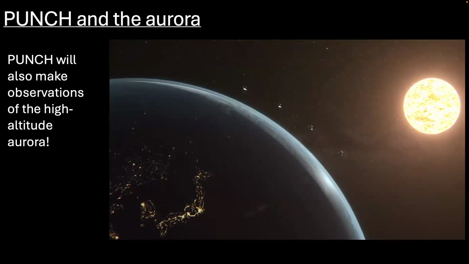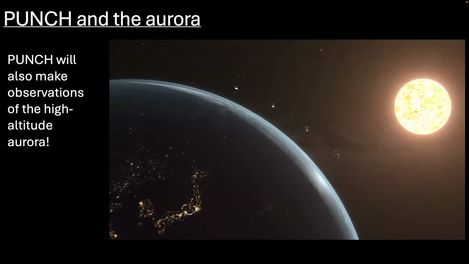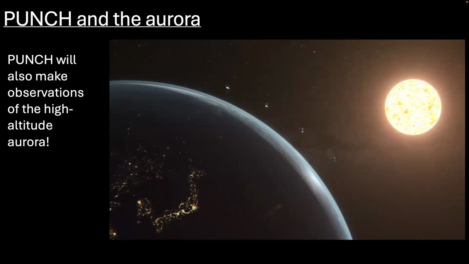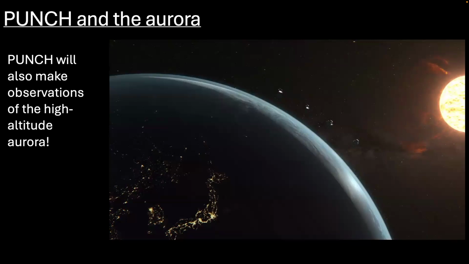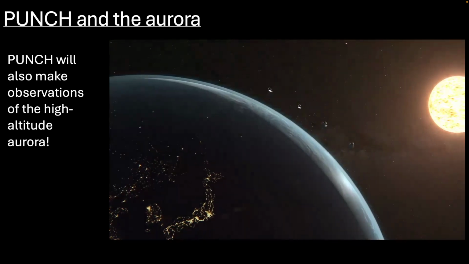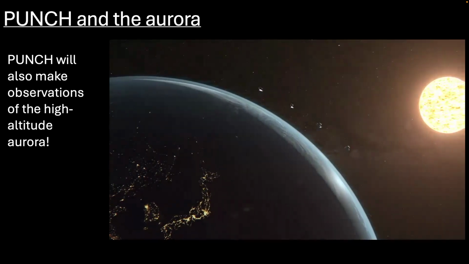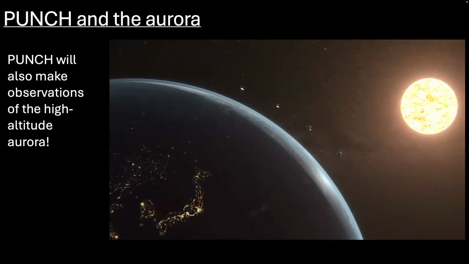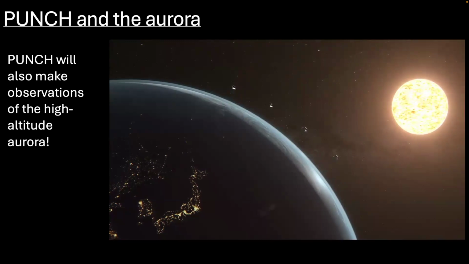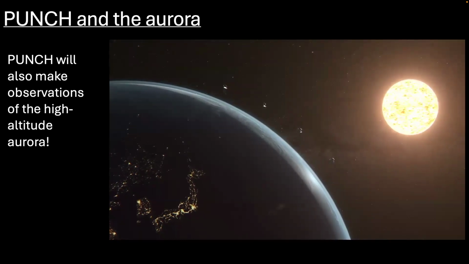So today, I'm planning to show you what the magnetospheric and the aeronomy community has, not only in situ, but also for remote sensing the aurora, that we could combine with the punch measurements that could help us understand what is the physics taking place at the 800 kilometer altitude.